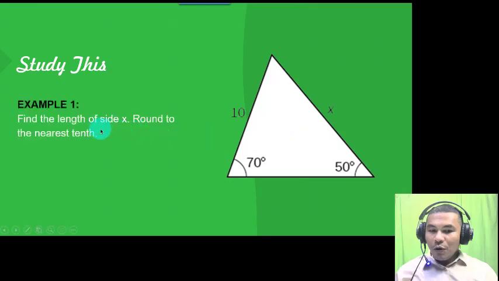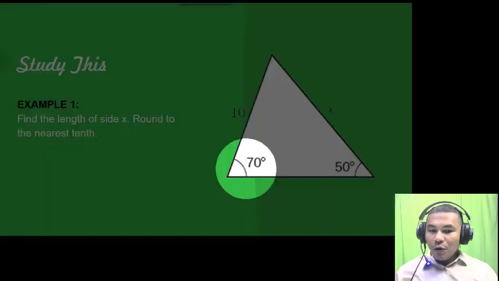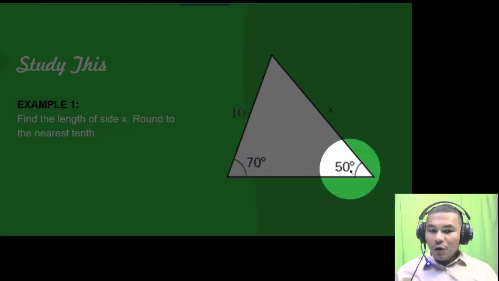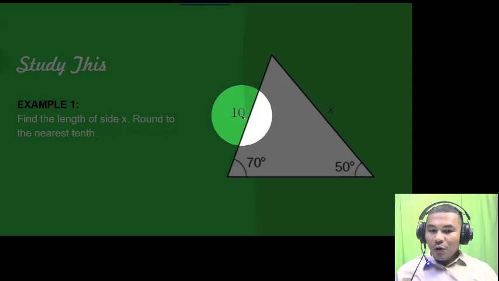Example 1. Find the length of side x, rounded to the nearest tenth. First thing that we need to do is to inspect the figure. So here, two angles are given, 70 degrees and 50 degrees. 10 is also given as the opposite side of 50 degrees.